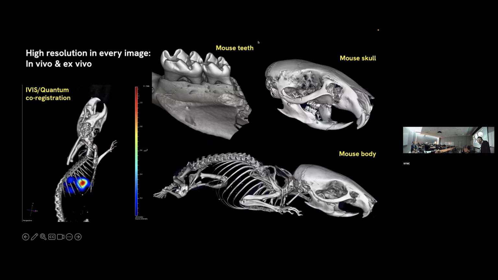When you deal with the mouse skull, you are able to identify some of the structure. The mouse body can be done this way, but most importantly, for the aspect that I'd like to deal with in a few minutes, is basically the teeth that you have here. With the disease, you lose the bone attachment. Why?